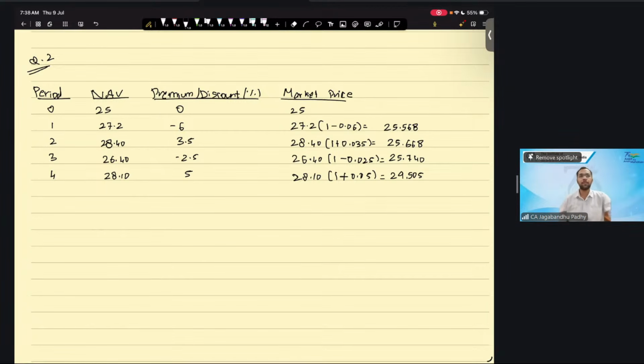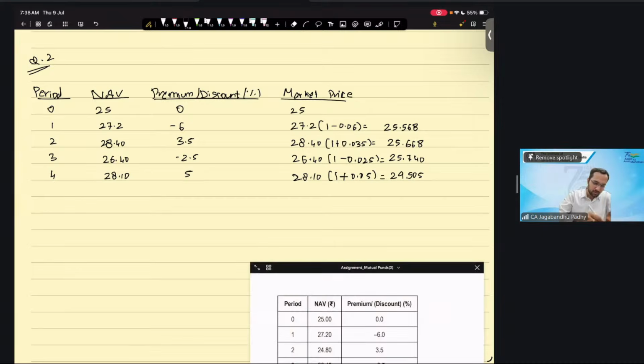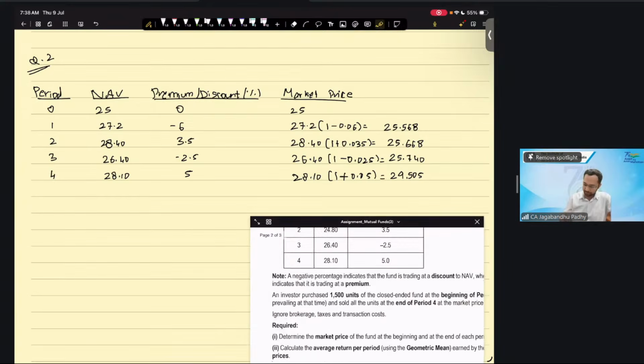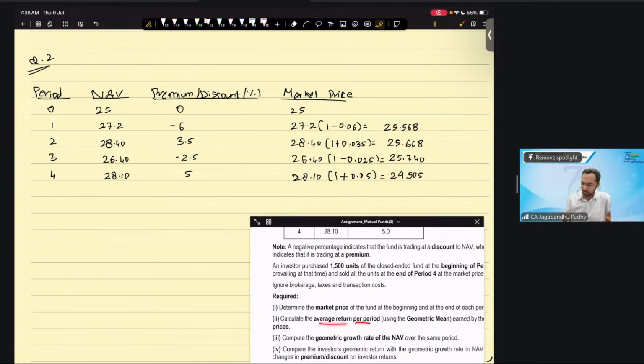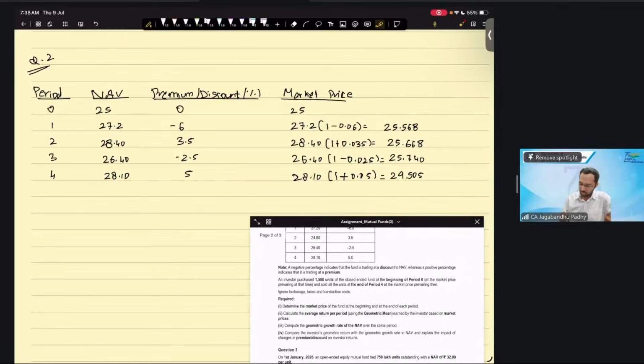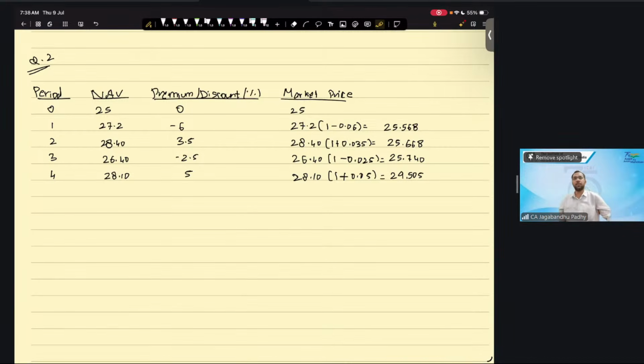Now I'll have to go for the next part of the question, which says calculate the average return per period using the geometric mean earned by the investor based on the market prices. So we have to get the return that you're earning in each time period.